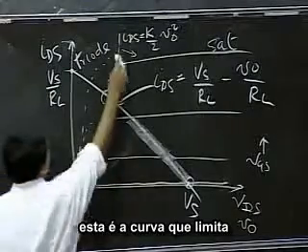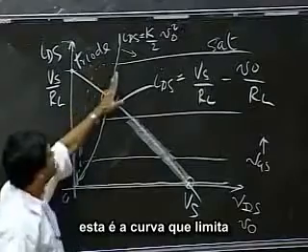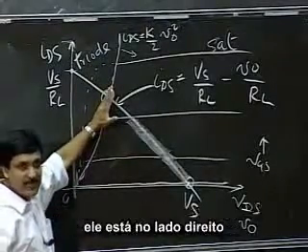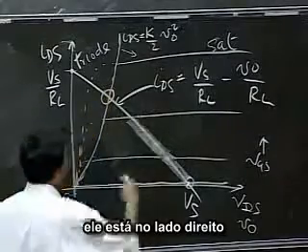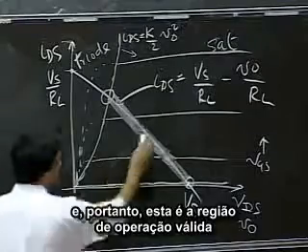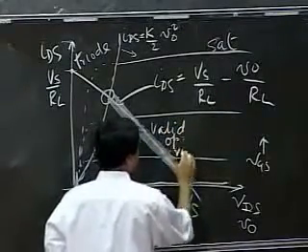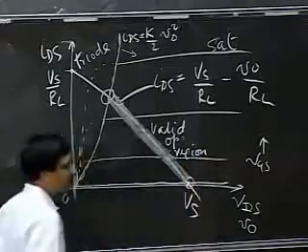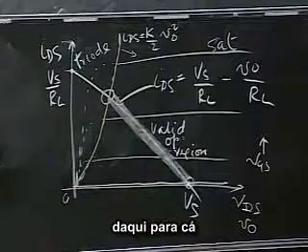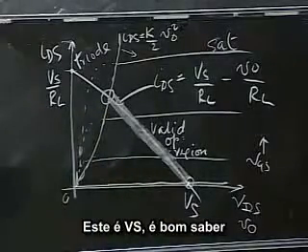So notice that this is the curve that bounds. On the left-hand side of this, the MOSFET is no longer in saturation. It's on the right-hand side, and so therefore, this is the valid operating region. Here to here. So this is good. This is VS. That's good to know.